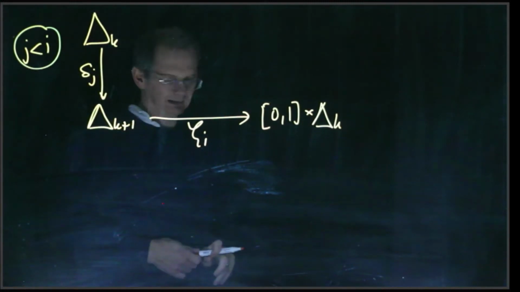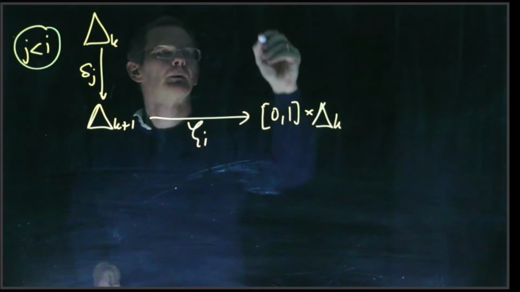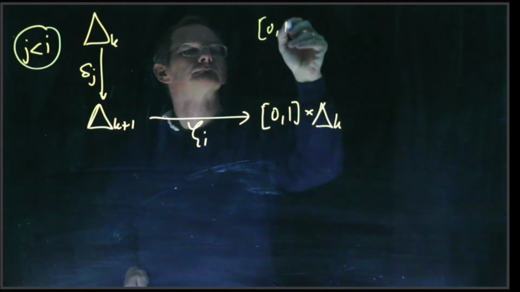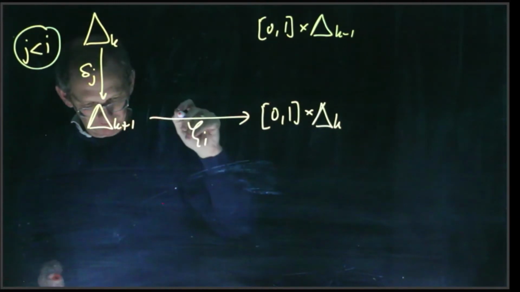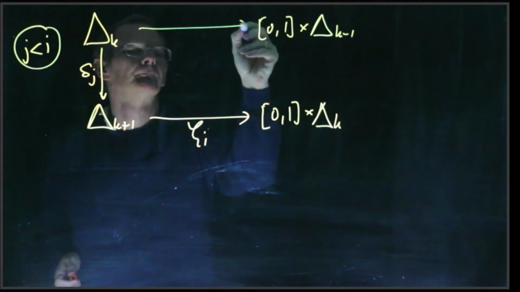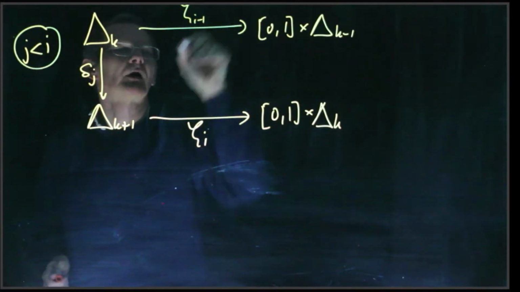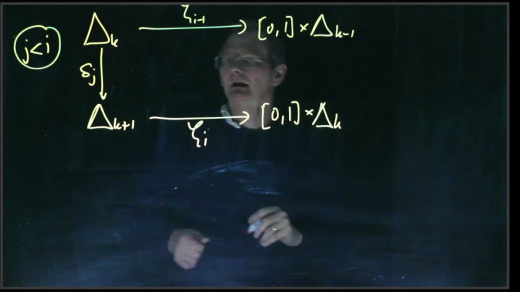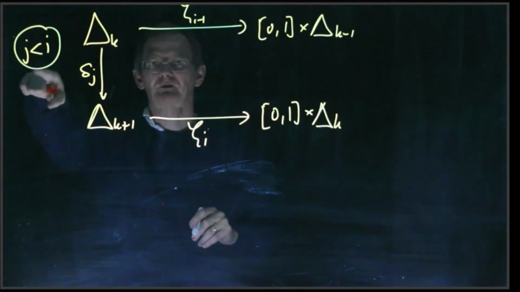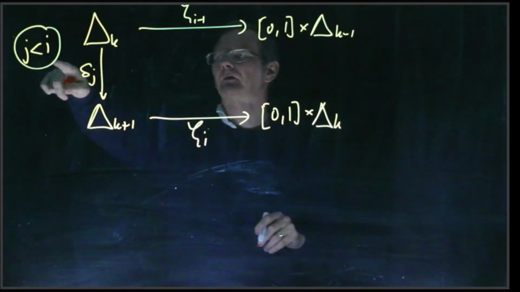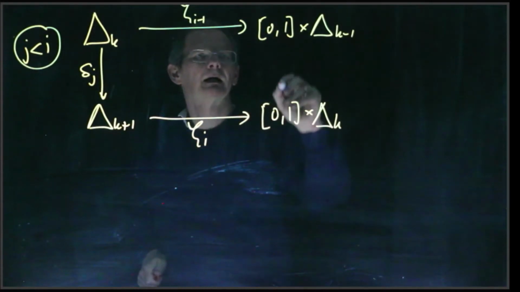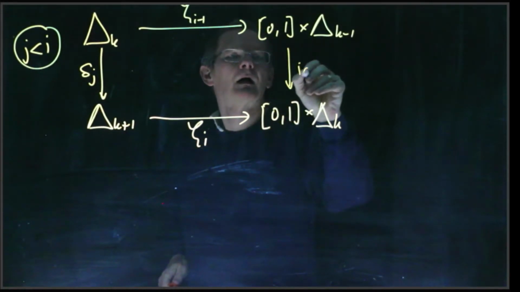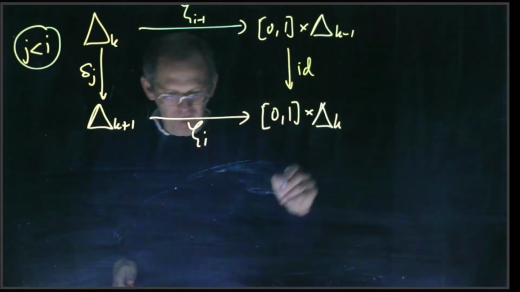Okay. And in that case, I want to claim that this diagram commutes. So here I'm putting in my zeta i minus 1. Notice here i is bigger than j, so i is certainly bigger than 0, so i minus 1 is okay. And then here we're doing the identity crossed with delta j.